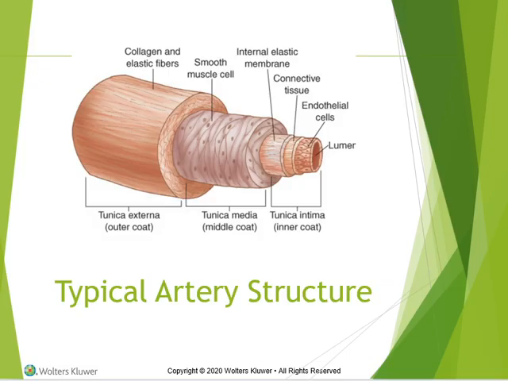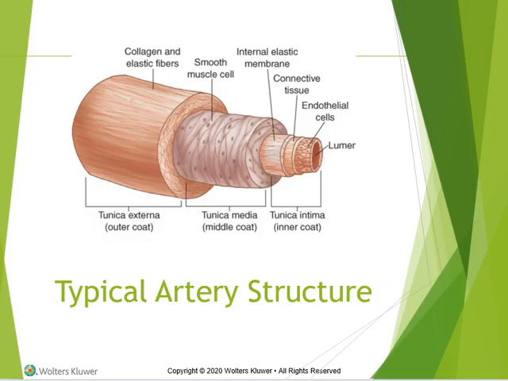It's important to have something that's elastic in nature, but also strong in an artery because it helps it to stretch. It needs to have that stretch and compliance, but it also needs to be able to withstand relatively high levels of pressure. So that's the tunica externa, the outer coat.